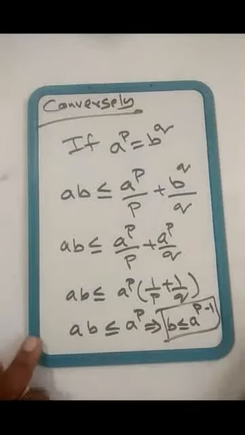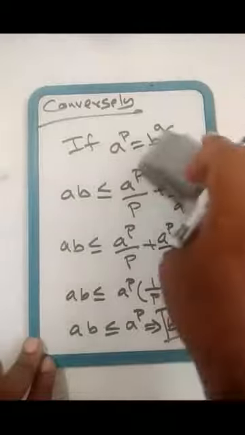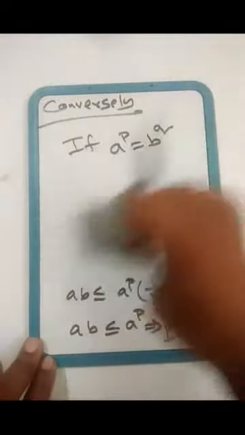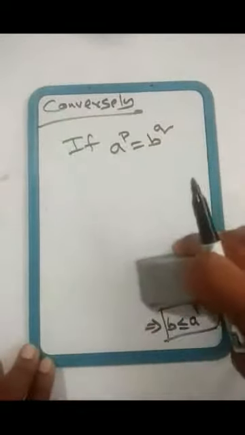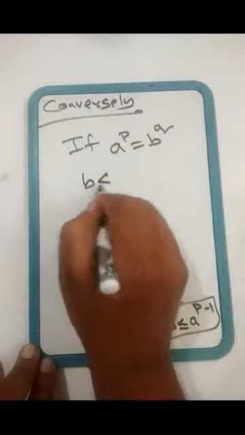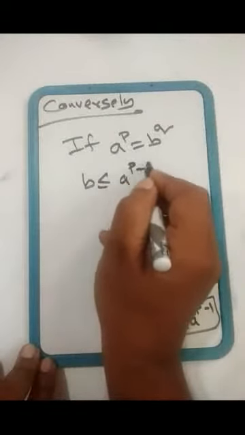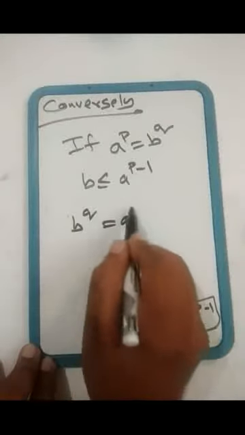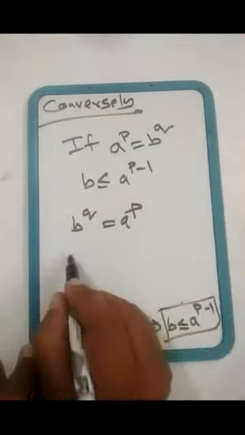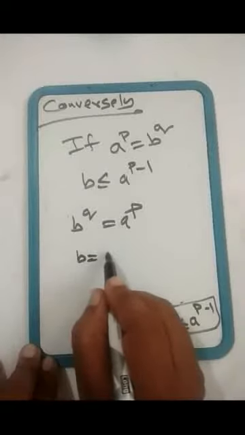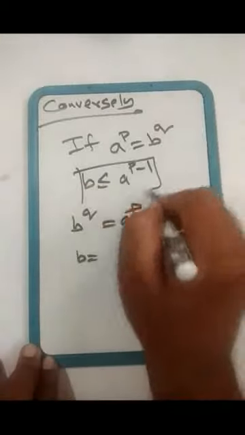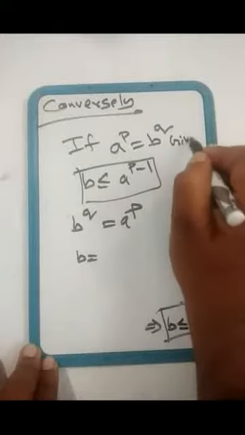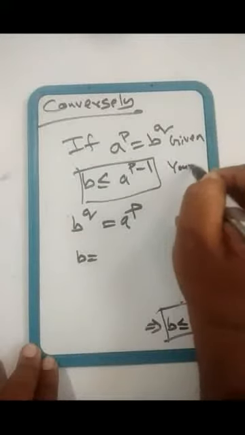So let's write that. b is less than or equal to a raised to p minus 1, but b raised to q is a raised to p from the given. This is from the Young's inequality, and this is the given part.